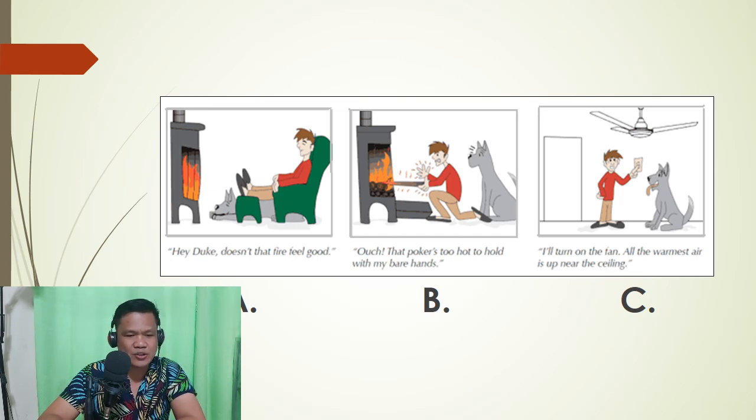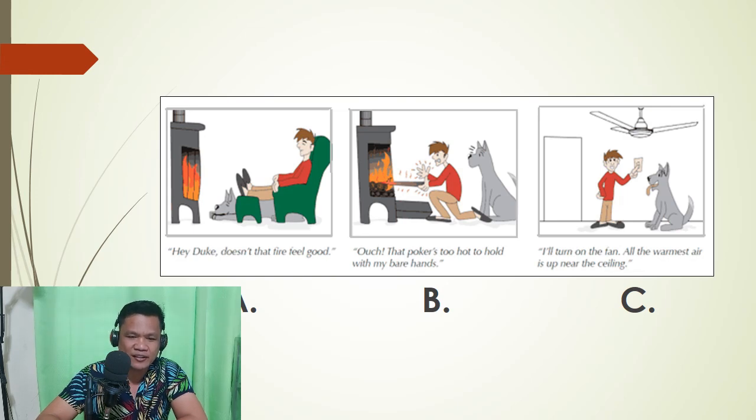Picture A says, "Hey Duke, doesn't that fire feel good?" Picture B says, "Ouch, the poker's too hot to hold with my bare hands." Picture C says, "I'll turn on the fan. All the warmest air is up near the ceiling." So which of these pictures is conduction?